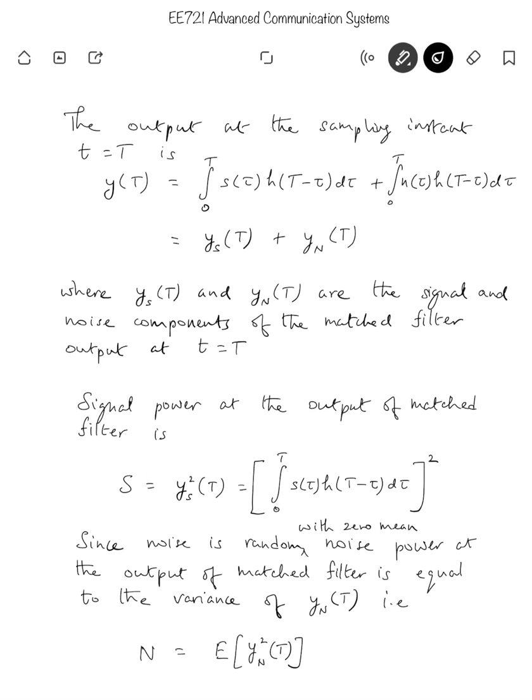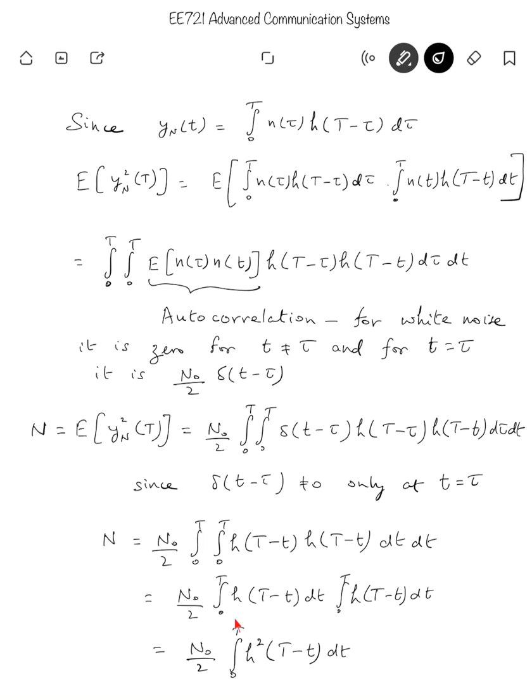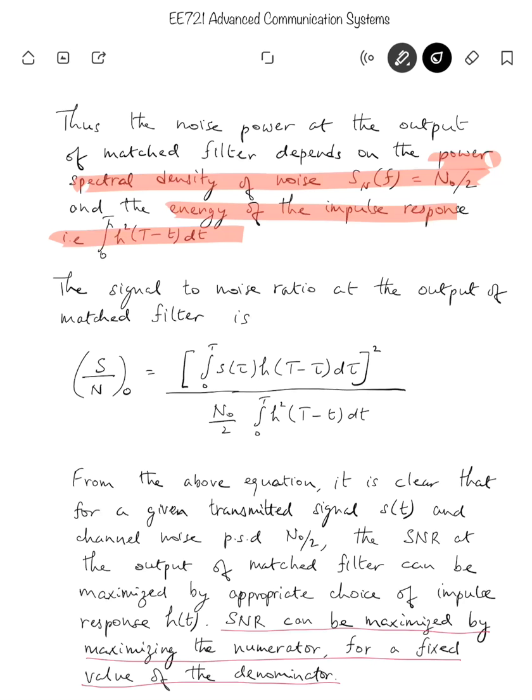So in place of the signal power, we substitute this integral, and in place of the noise power we substitute this expression. So we get the signal to noise ratio at the output of the matched filter. Now the objective is to maximize this ratio.